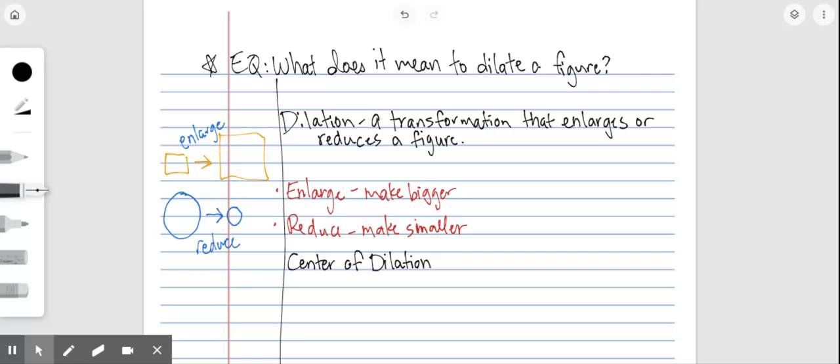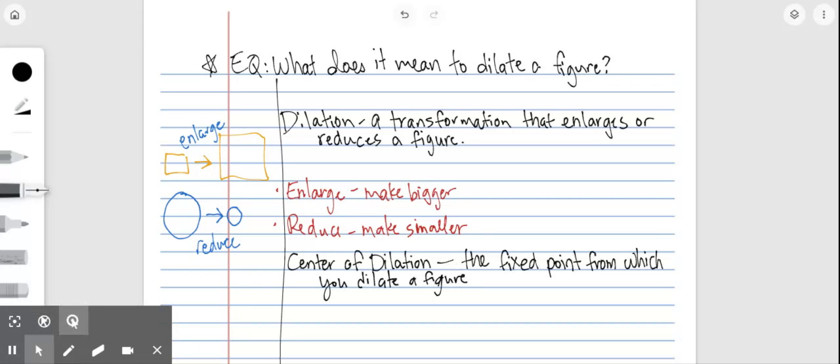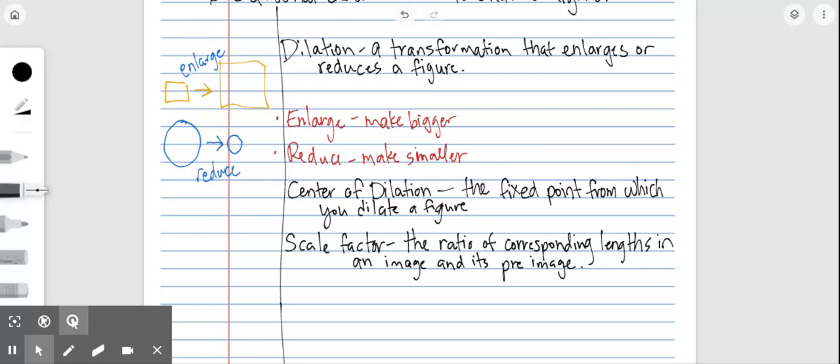You're scaling from that point. So it's the fixed point from which you dilate a figure. Okay, and then how big or how small you make a figure is called the scale factor. Okay, this is what you're multiplying by. Okay, so I said the ratio of corresponding lengths in an image and its pre-image.